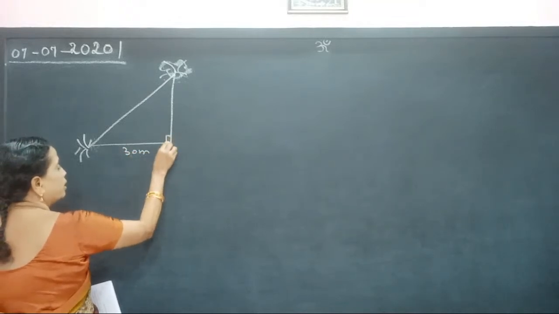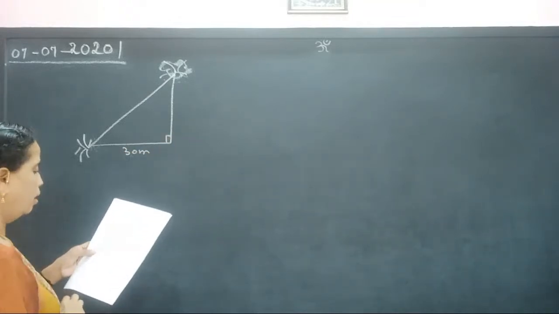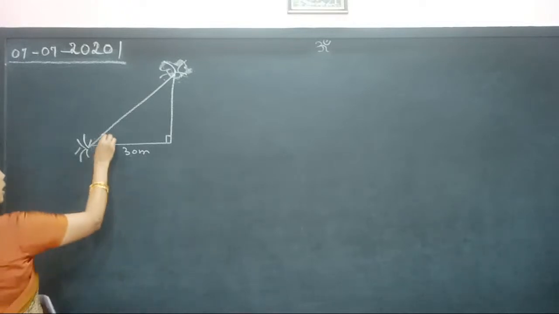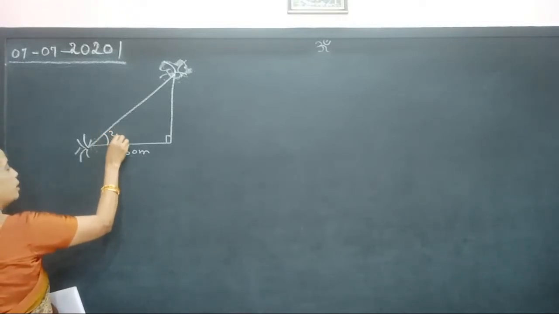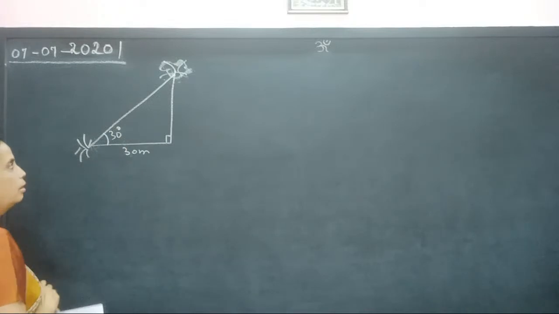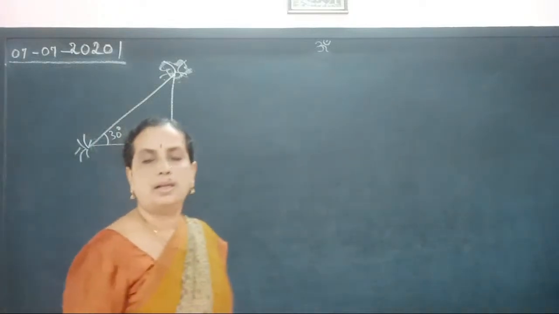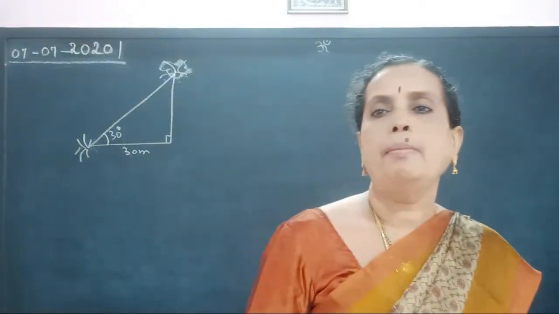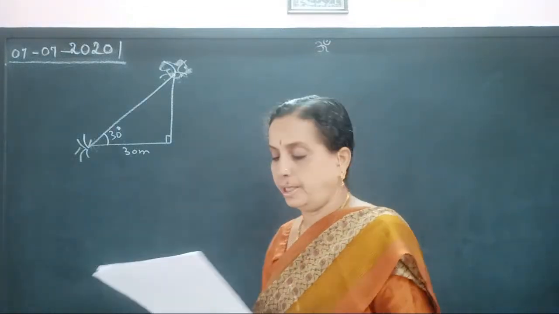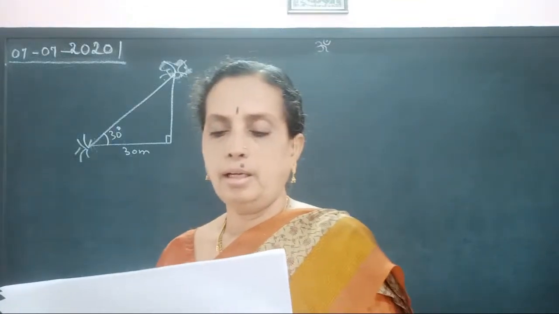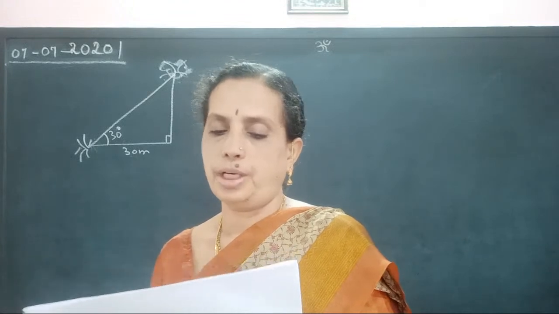We consider this is perpendicular and it is making an elevation of 30 degrees. When it is broken, the broken part is laid down to the ground making an angle of 30 degrees. Find the height of the tree.